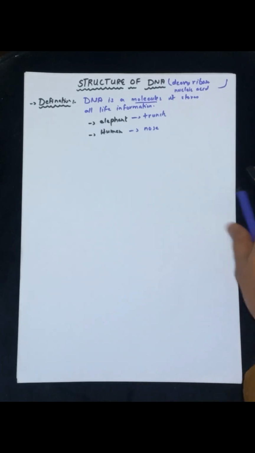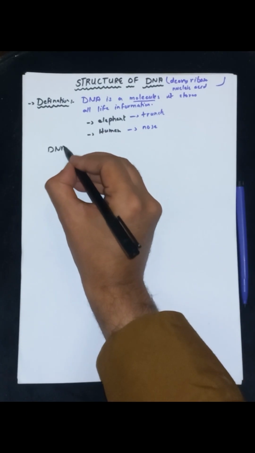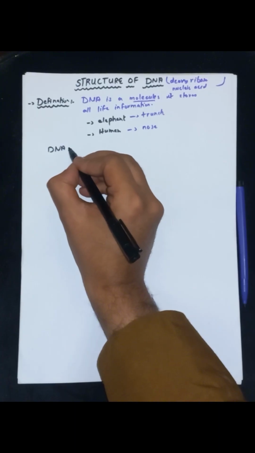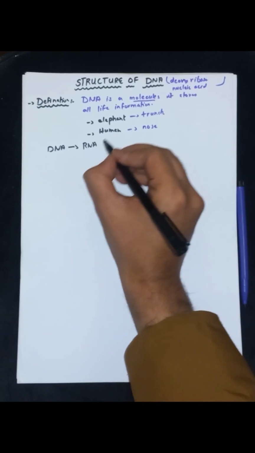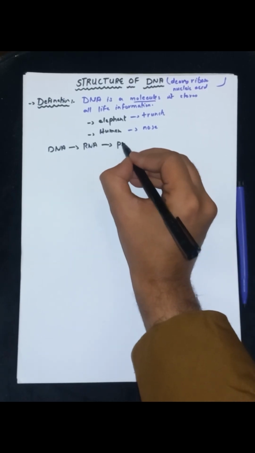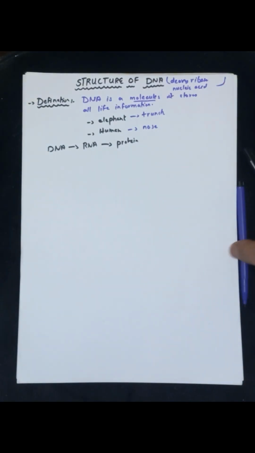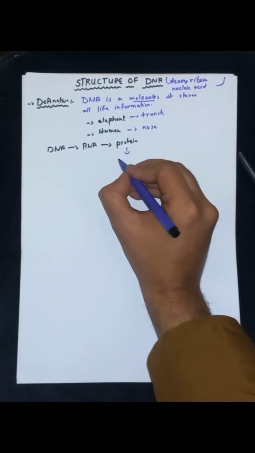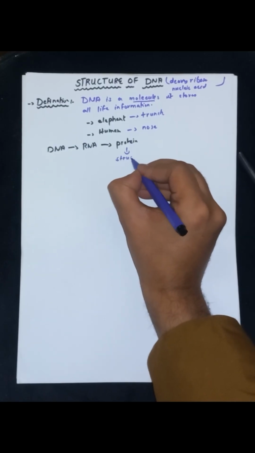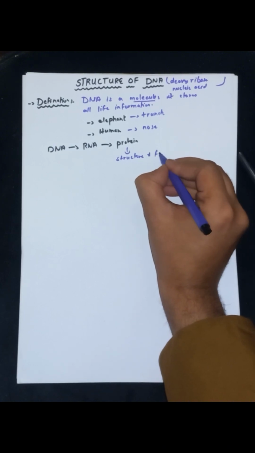Like what happens here: from DNA the information is taken and RNA is formed, and RNA forms proteins. Okay, so what will these proteins do? The proteins will form the structure and function of a cell.